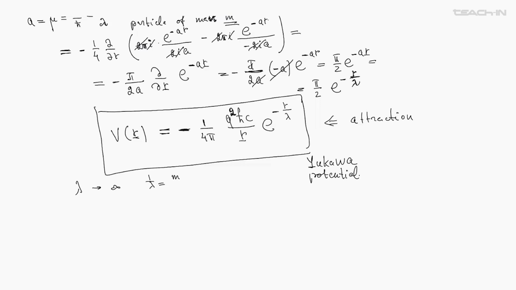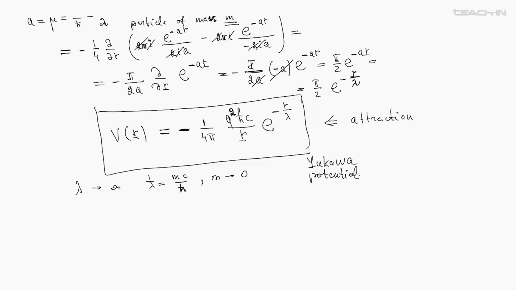So lambda to infinity means mass to 0, right? In this case, you have a massless scalar field instead of a massive scalar field.